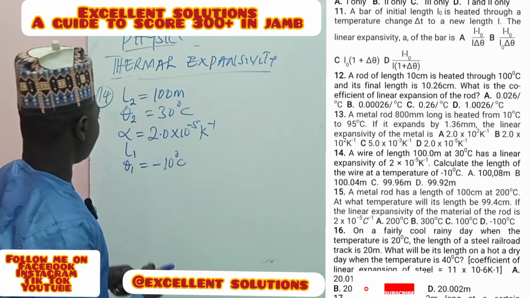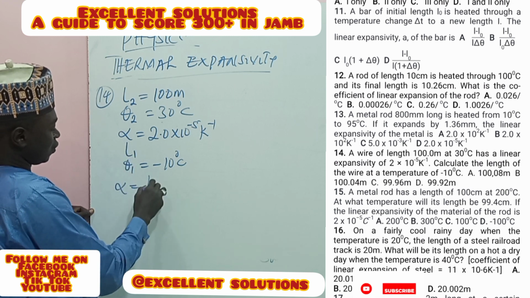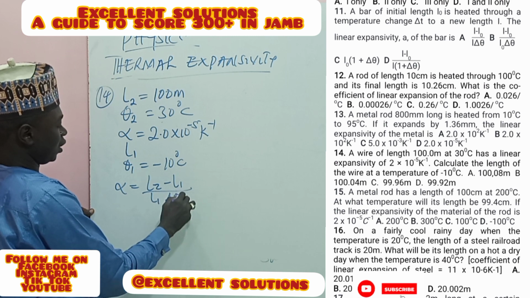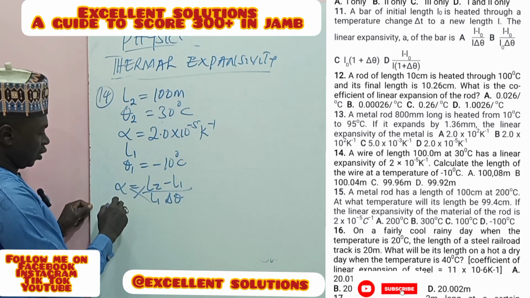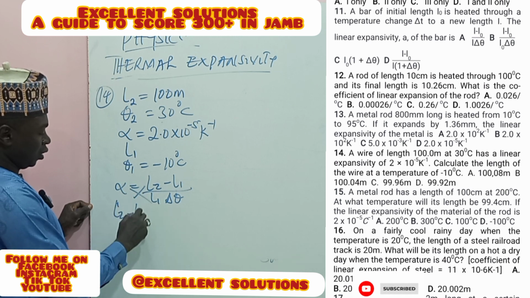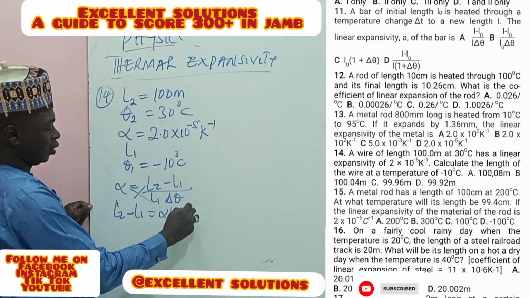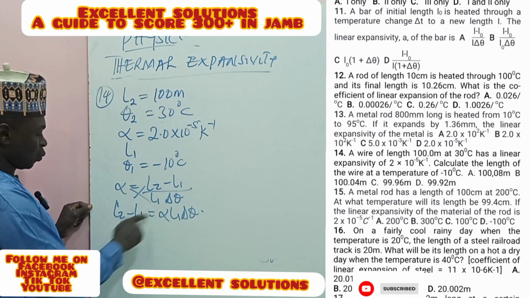So if we look at this here, we say alpha equals L2 minus L1 over L1 delta theta. When we cross multiply, we now have L2 minus L1 equals alpha L1 delta theta. If we take this one and cross it to this side, it becomes positive.